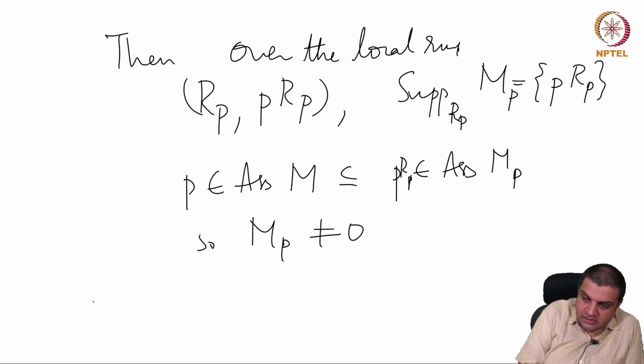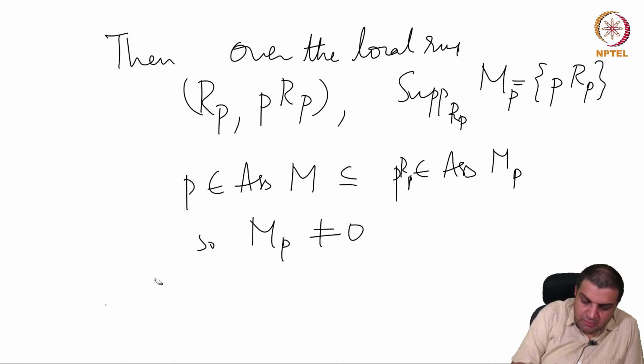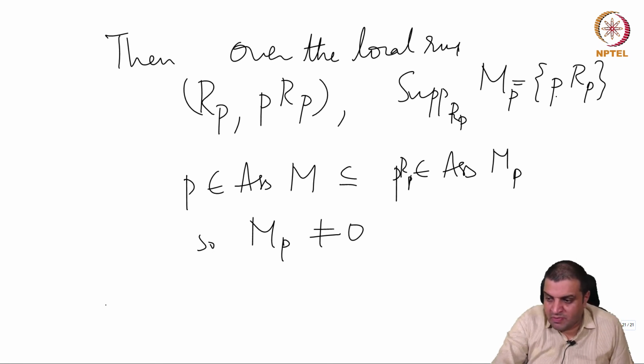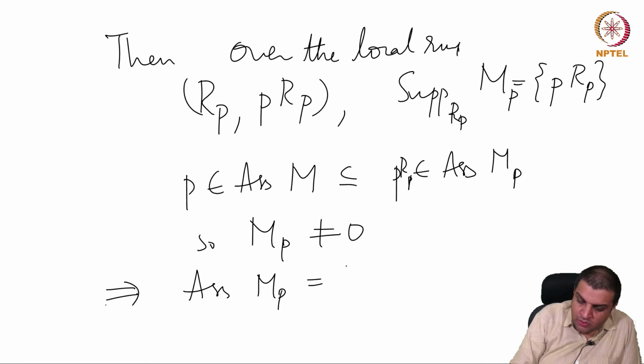So in other words, if the support is all of this and the set of associated primes is non-empty, then it can only be one value, which is this, which means that the associated prime of M localized at P as an R localized at P module is PRP.